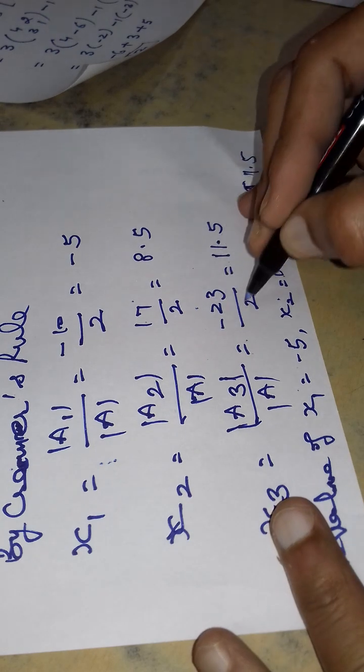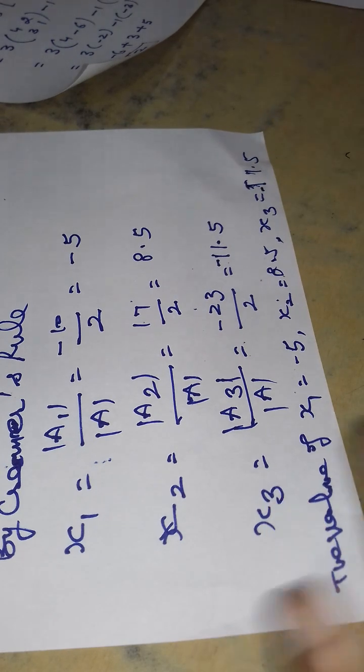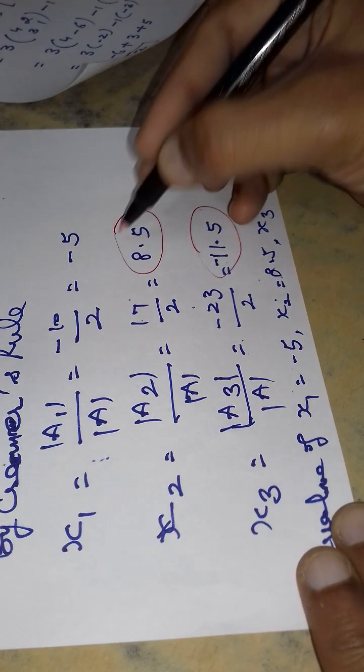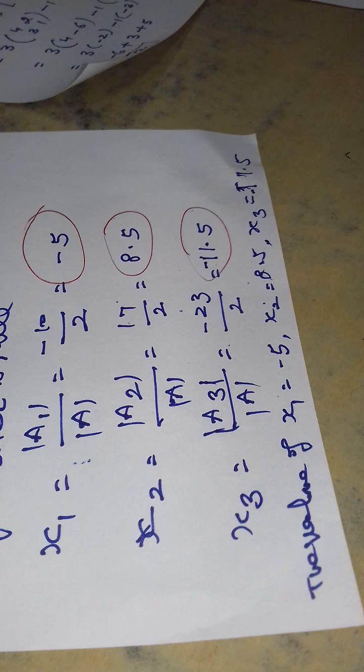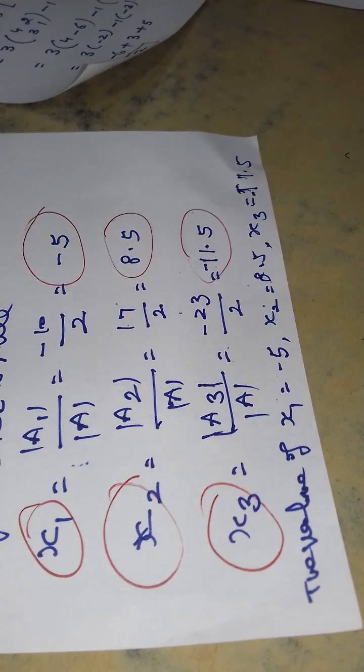Just put the minus over here: this is minus 11.5, right? I'm circling it out. So these are the values of x1, x2 and x3, and Cramer's rule is solved for the 3 by 3 matrix. Thank you.